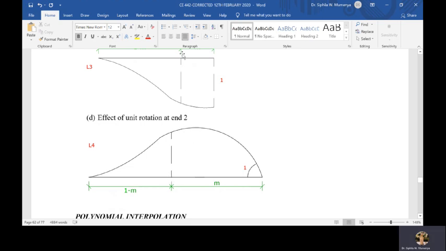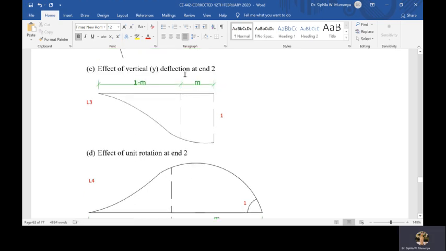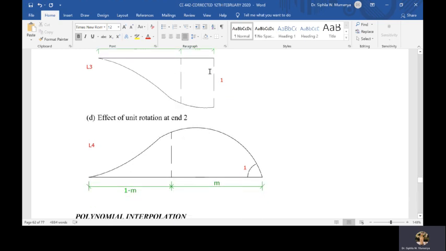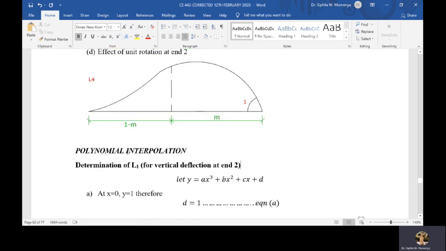For example, if I look at where I have shown, at distance m from one end, the effect will be the sum of that and that as shown. But then how do we know that magnitude? So that's where we have polynomial interpolation.